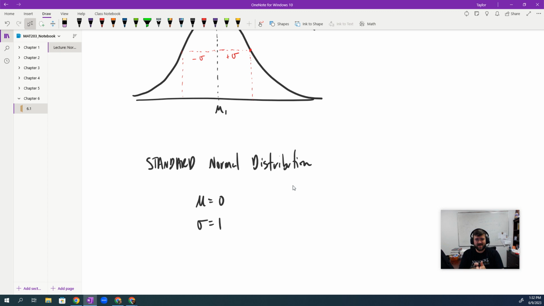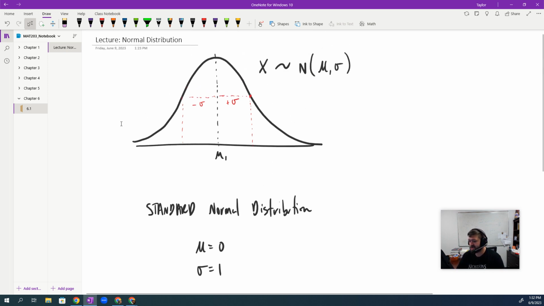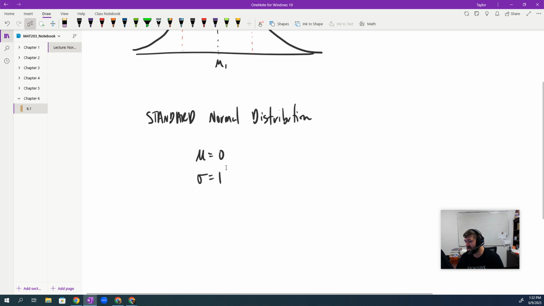So all the data is centered at 0 and the standard deviation, the typical distance from the mean, is exactly 1. In fact, we can transform any normal data. So if it's got some shape like this shape right here, but its mean is not 0 and its standard deviation is not 1, we can transform it into the standard normal distribution.